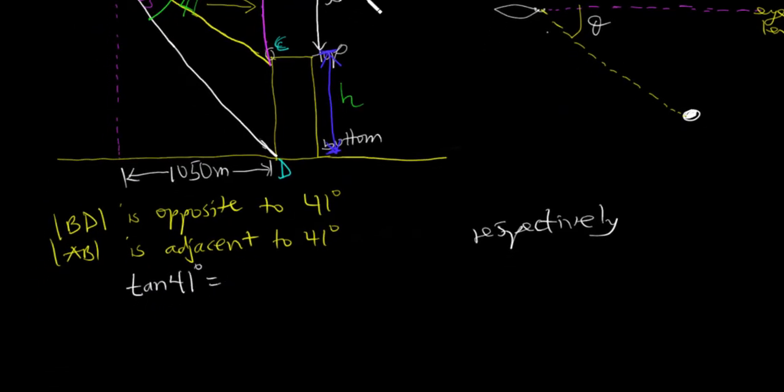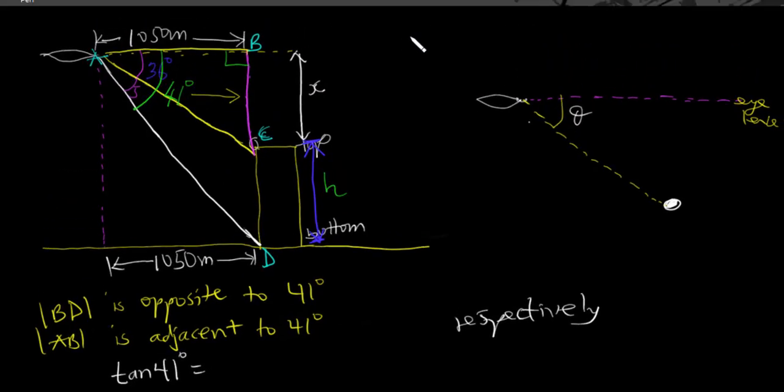And there is something I want to remind you of in trigonometry. There is something that we use to remind ourselves of these trigonometric ratios, how they relate to the sides of a right angle triangle. We call it SOHCAHTOA.